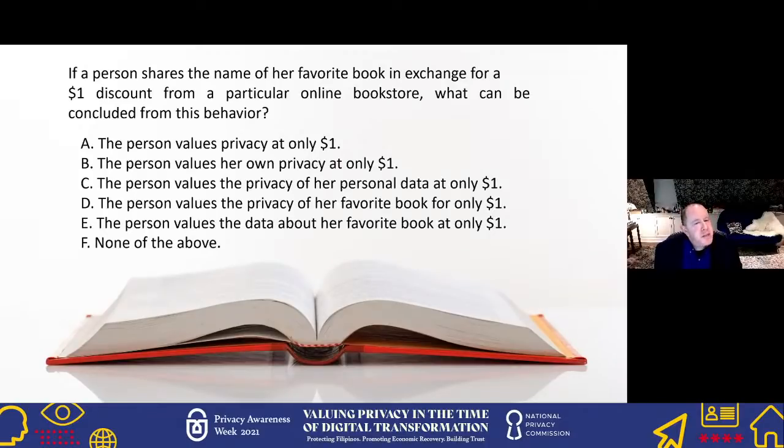But it does not say anything about how they value privacy or even the data about the book, because they might have a different reaction if the government says, we want to know your favorite book, or if another company that they don't know says, we want to know your favorite book. So all we can conclude is a particular risk decision in this particular context. That, I think, is really important. That's what the behavior is telling us, but it's not telling us how people value privacy.